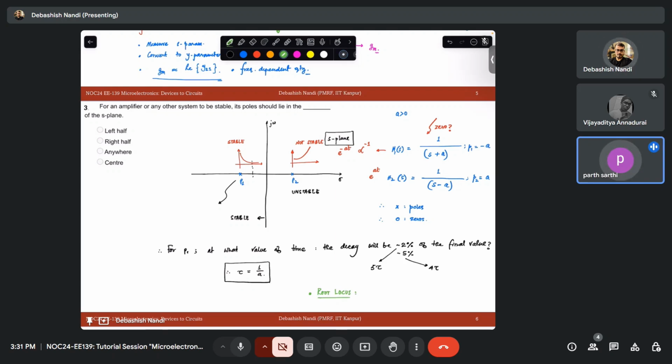Exactly, that is right. When you draw your root locus plots, you see that the loci will originate at poles and finish at zeros. So in this case, where is the zero?